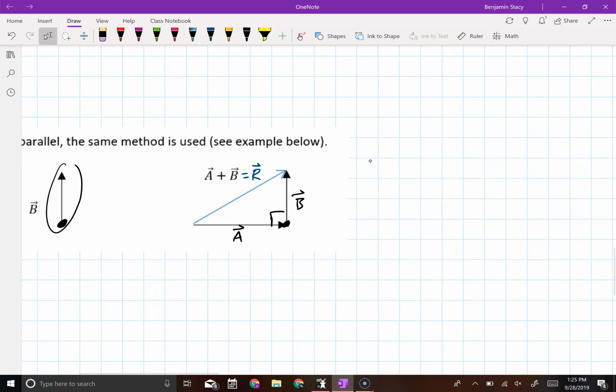Now that's something we need to be able to do if we're adding vectors that are not parallel, because we can't just add up the values of A and B. For instance, if A's magnitude is 3, and B's magnitude is 4, the resultant vector's magnitude is not 7. We can't just add 3 plus 4 is 7. We have to use the Pythagorean theorem.